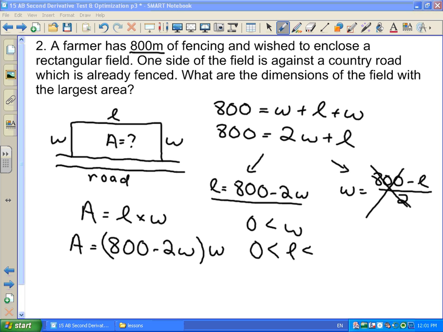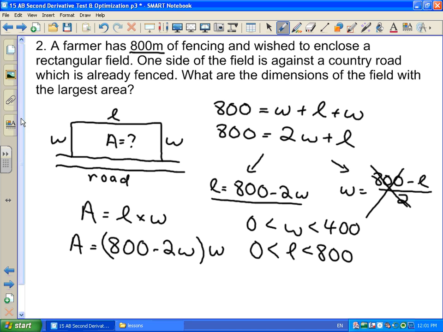I only have 800 meters of fencing, so I certainly can't have a length that's 900. In terms of my width, because I need two widths to make my fence here, each one of them has got to be less than 400. If I make my width 400, that uses up all of my fencing. So we do have restrictions placed on our length and our width.